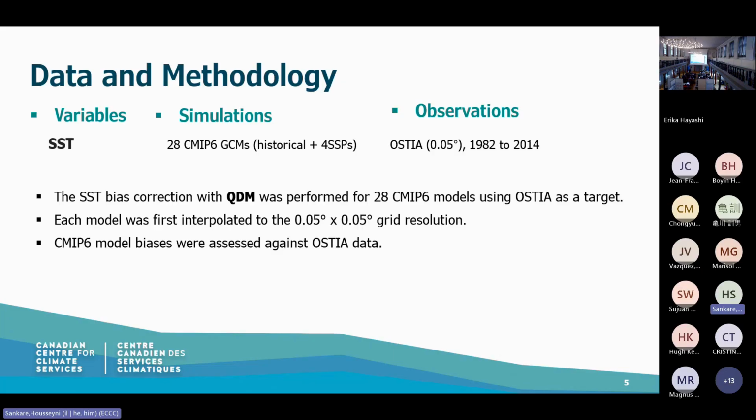For SST bias correction, we used the quantile delta mapping method, applied to all 28 models. Each model was first interpolated to 0.05 degree resolution, which is the OSIA resolution, and then we assessed the output against the OSIA data.